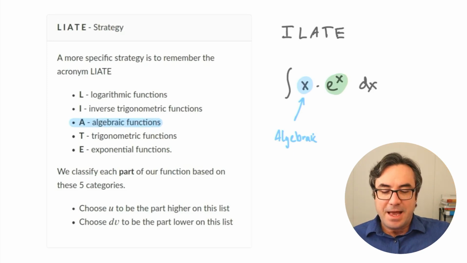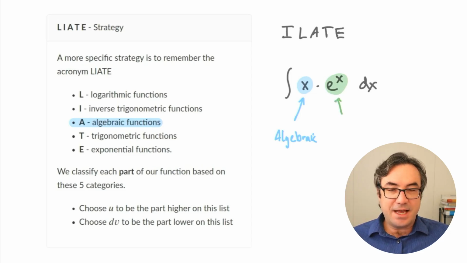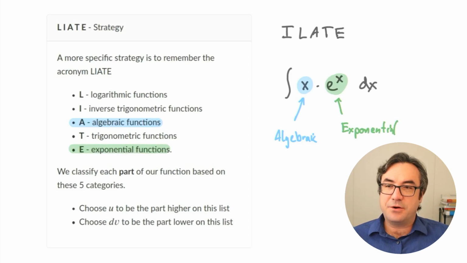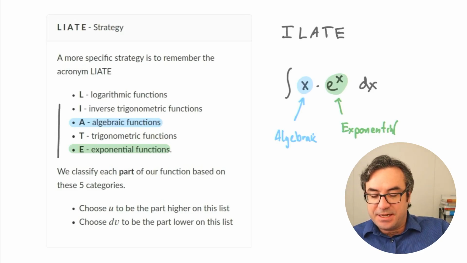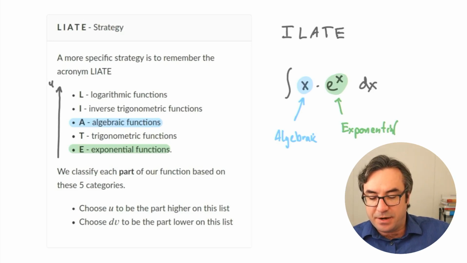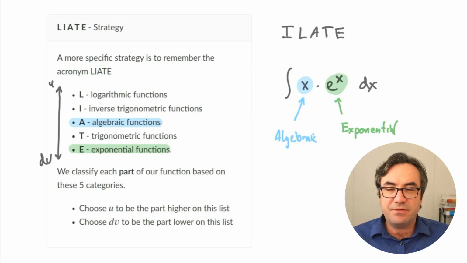And then the e to the x, well, that is exponential. So where does that fall? Well, it falls down here. And so the way you can use this acronym is, whichever one's higher up on this hierarchy, that's what we're going to pick for u. And whichever one's lower, that's what you're going to pick for dv.